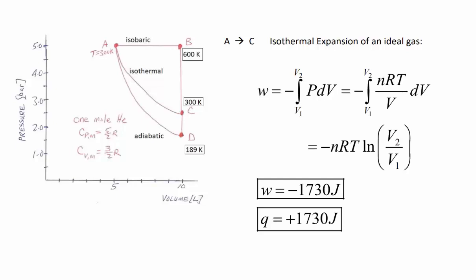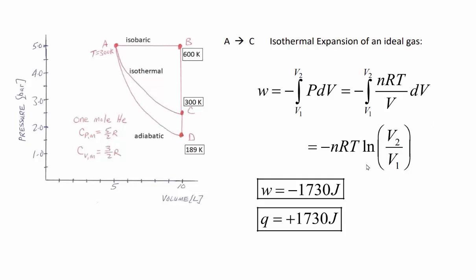Okay, so here's how I've solved this integral. Because it's an ideal gas, I can insert nRT over V in place of P, and because it's at constant temperature, the nRT is a constant that comes out of the integral, and I just integrate 1 over V dV.